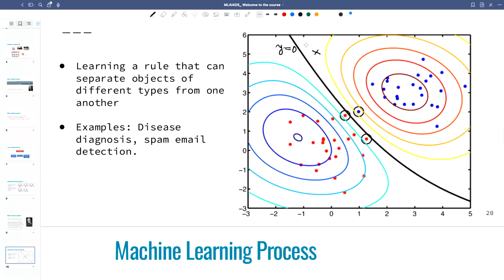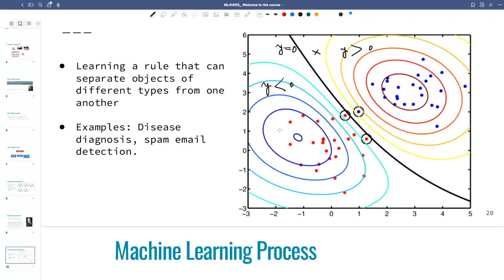Anything that sits right on the decision boundary is the middle prediction, let's say. y is 0, right? And y is greater than 0 here, y is smaller than 0 here. So we are going to design a function such that just by looking at the sign of that function, we can decide the class.